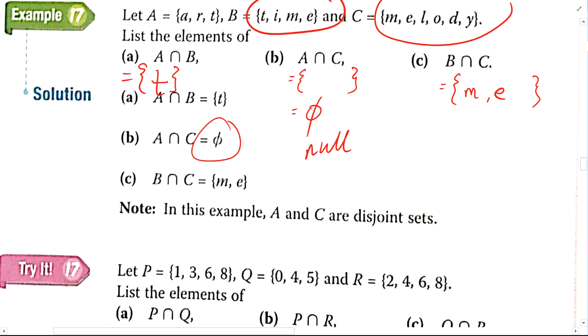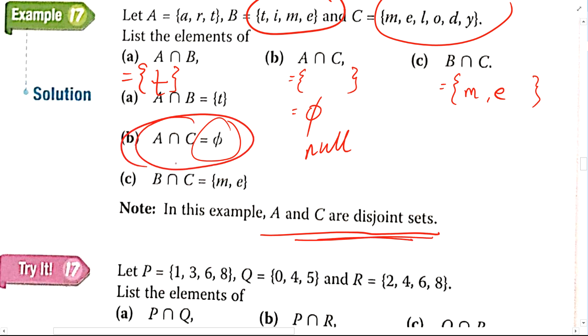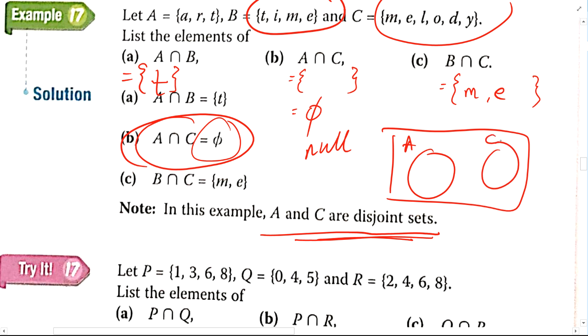What is this? A and C are disjoint sets. A and C are disjoint sets. What do you think they are trying to tell you? They do not intersect. Yeah, they absolutely do not intersect each other. This is A and this is C. This is just a word to describe it.